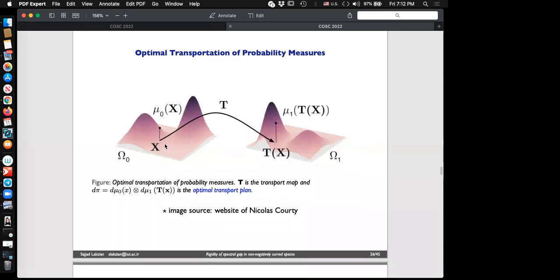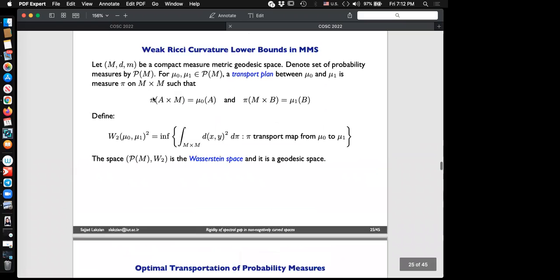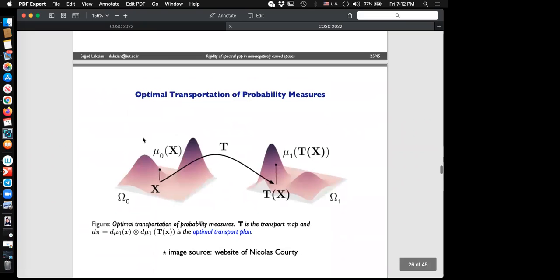And so the idea of this Sturm-Lott-Villani definition for Ricci curvature bound is, consider the sphere. If you want to say the sphere is positively curved, then you do optimal transport, which is basically moving a mass, one measure, from one spot to the other spot, minimizing the cost. If you take the cost to be d squared, the question arises, why would you take d squared instead of some other power of d?